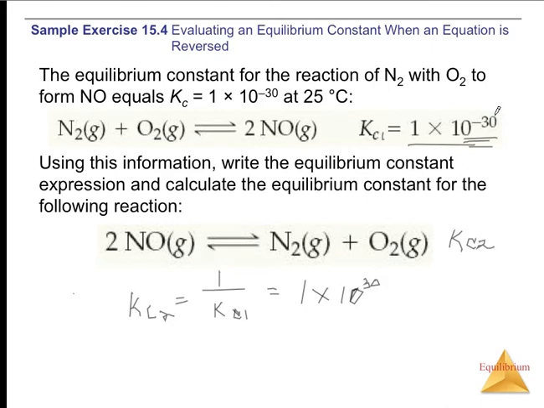So this means if K is very small, okay, much less than 1, that means that the reactant predominates. Here, the equilibrium constant is very, very large, so here the products dominate. And it makes sense if I flip an equation. If the original one was reactant dominant, and I flip it, it makes sense that the reverse reaction would then be predominant in the products.